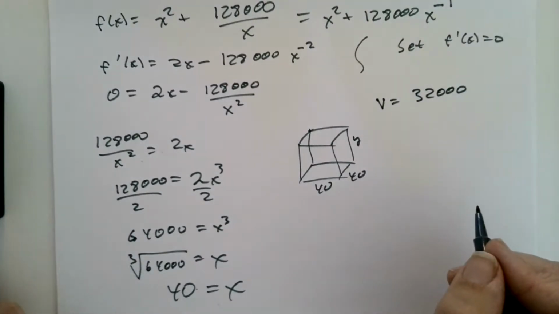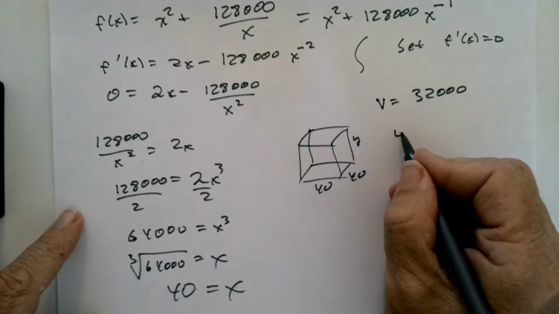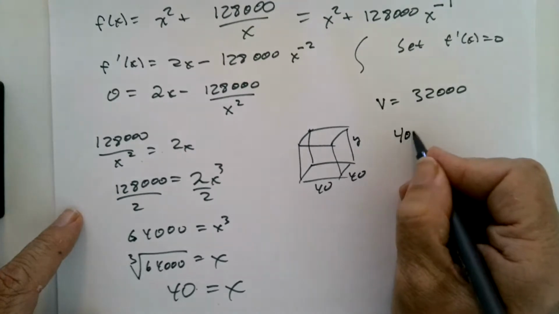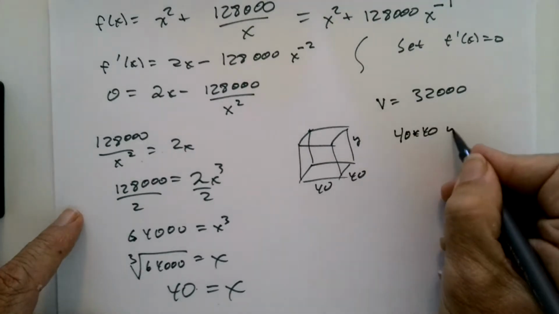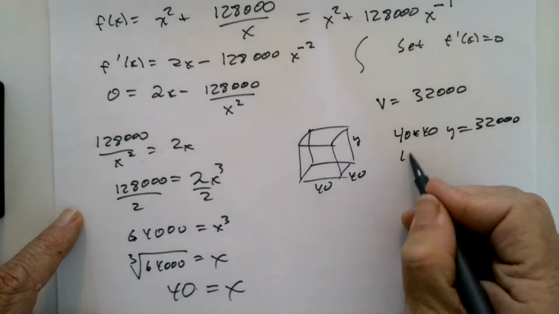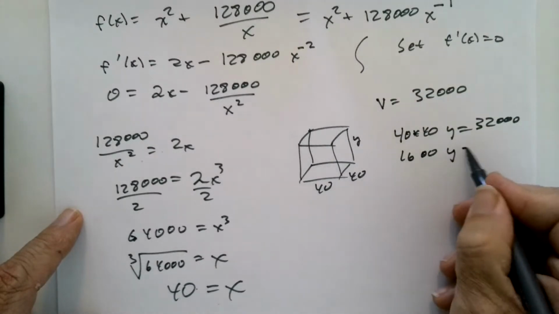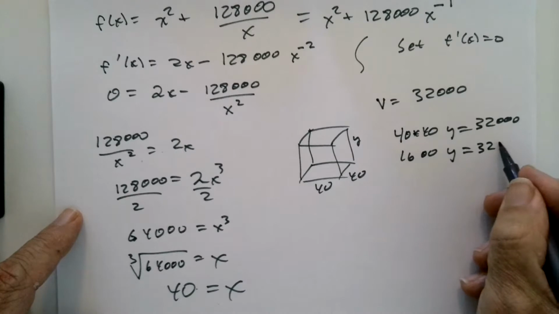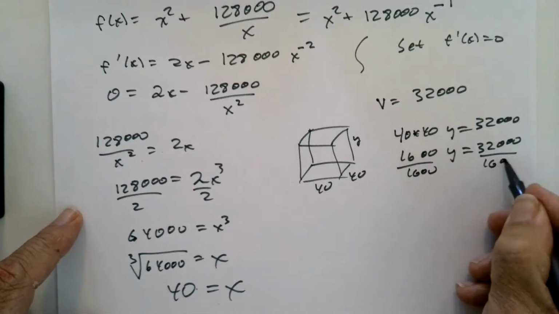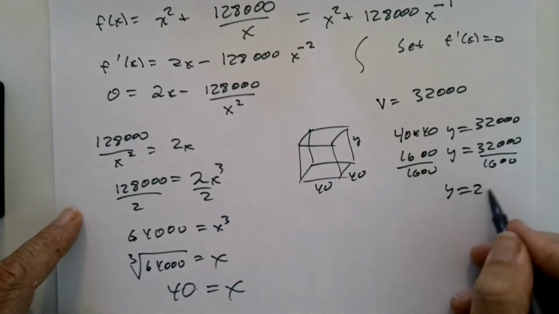So again, what I need is (40 times 40 times y) equals 32,000. 1,600 y equals 32,000. Divide by 1,600 and I get y is 20.